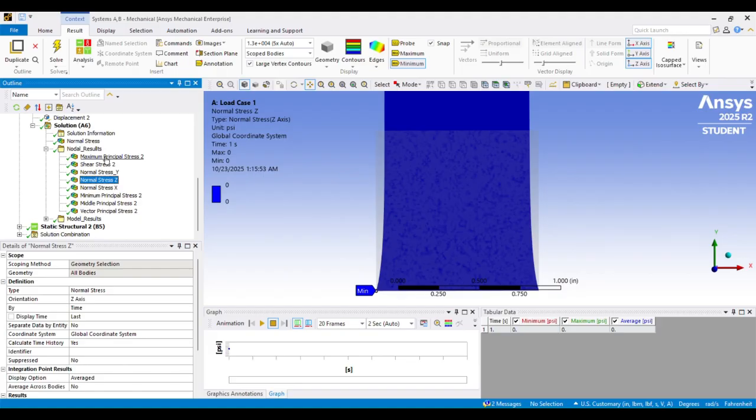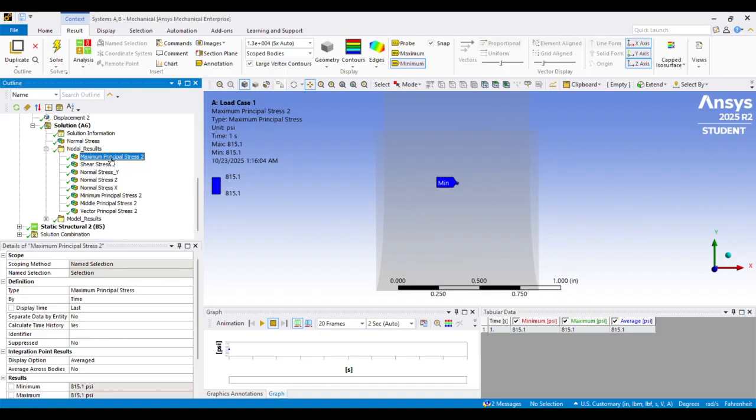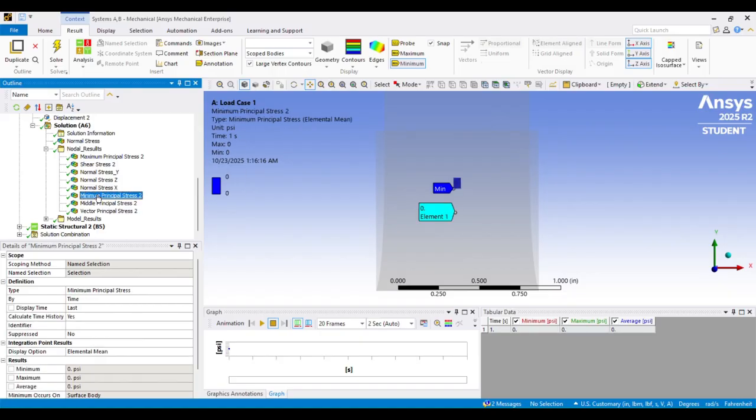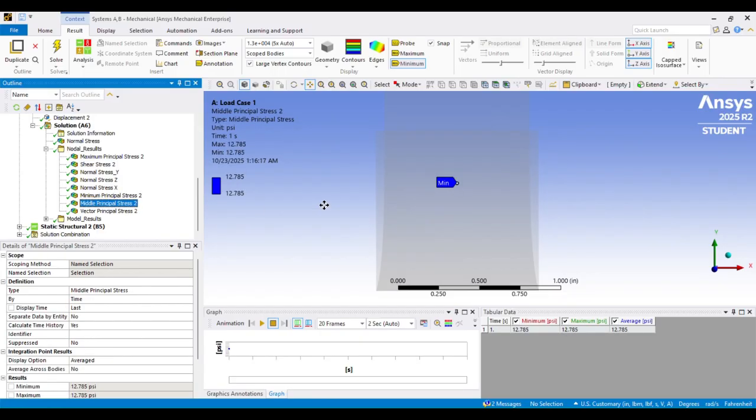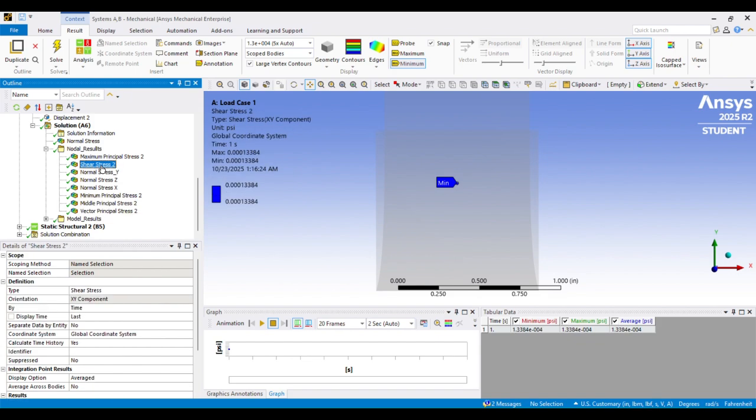The maximum principal stress, according to ANSYS, is 815.1. And the minimum, which in this case is going to be the middle principal stress, is 12.785. And the shear stress is pretty much 0 in this case.